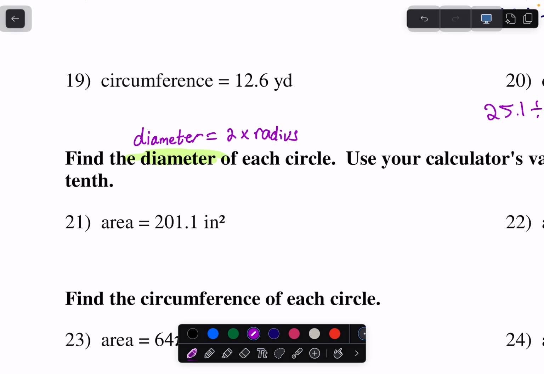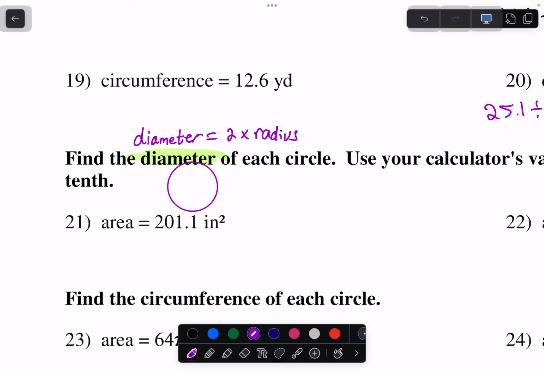It's double the radius. The definition of a diameter says that it is the distance from one side of the circle through the center to the other side of the circle. So let me draw a little picture for you. Again, thank goodness they can make me a circle here. Okay.